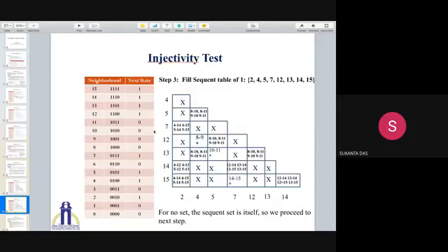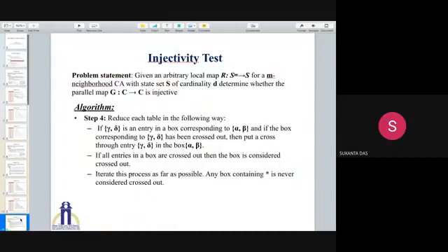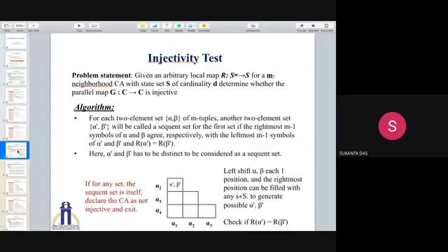That was the sequence table for 0, and that's the sequence table for 1, which I formed in this fashion.